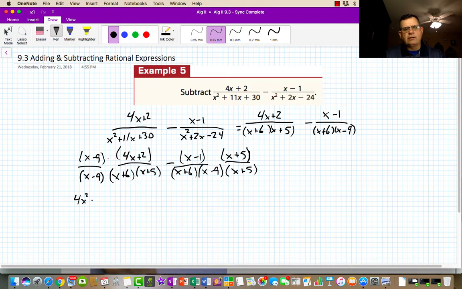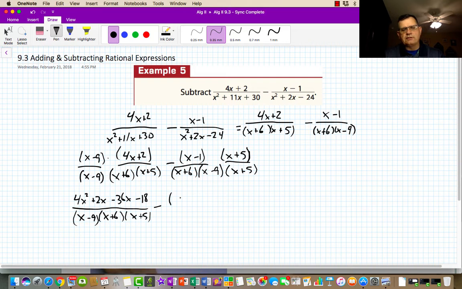4x squared plus 2x minus 36x minus 18 all over x minus 9, x plus 6, x plus 5, minus, FOIL the top again.